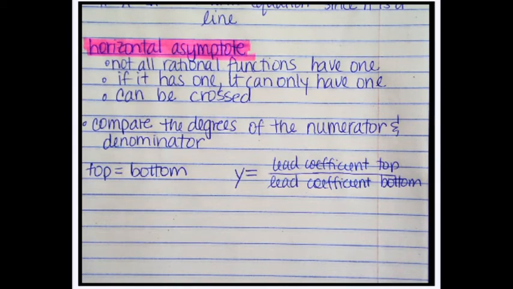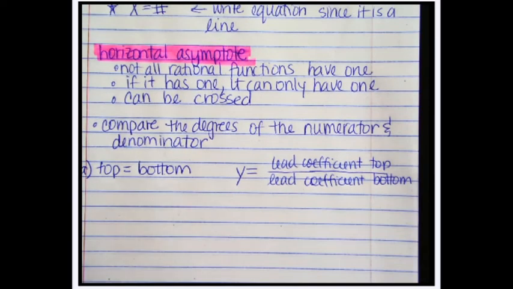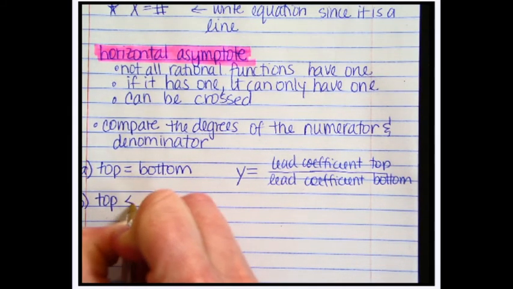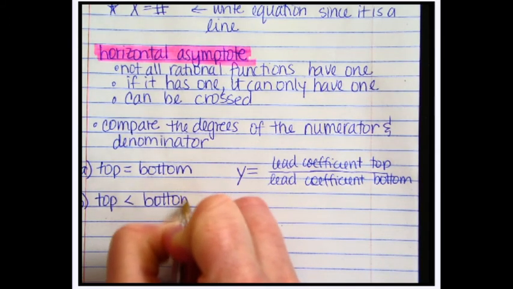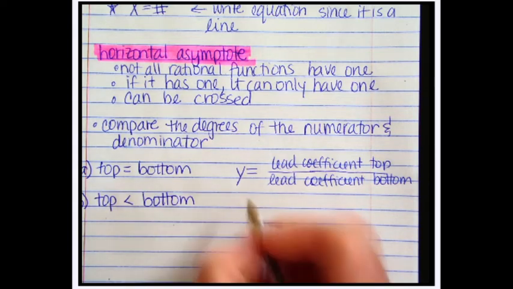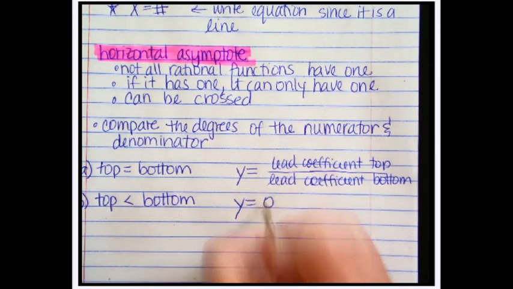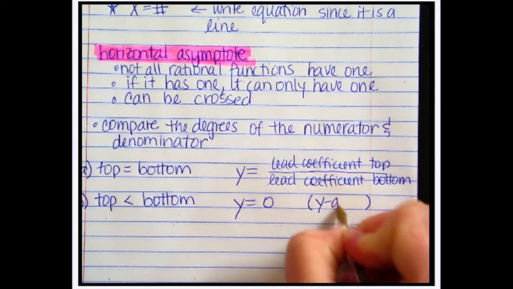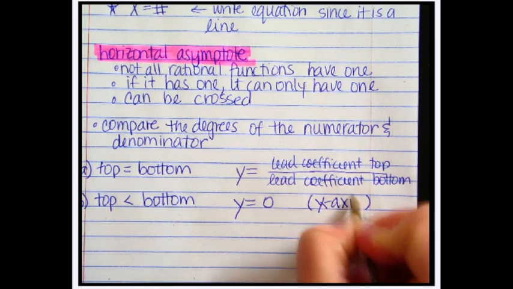Scenario 2 is when the top is smaller than the bottom. Your top degree is smaller than the bottom. Your bottom is getting bigger faster than your top. And so when we divide by a larger number on the bottom, it gets closer and closer to 0. And so we do get y equals 0, which another name for that is the x-axis.